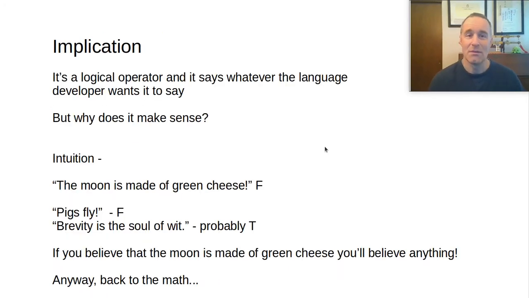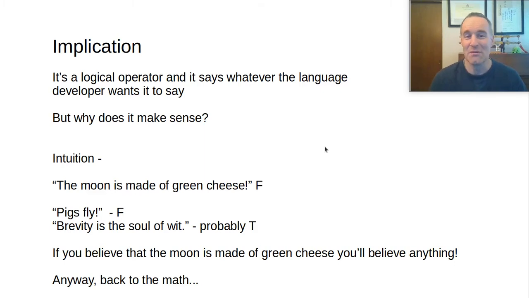But I also want to give you a little intuition about what implication is and why this makes sense. So imagine you've got somebody that's a little bit crazy and they believe the moon is made of green cheese. If you believe the moon is made of green cheese, then you might as well believe that pigs fly too. This is kind of the intuition. If you've got something that's false, you can believe true things.